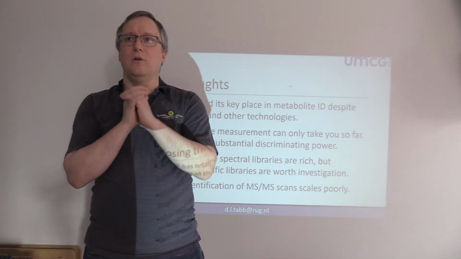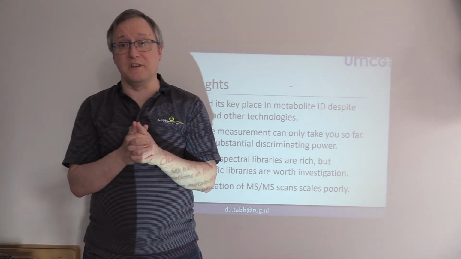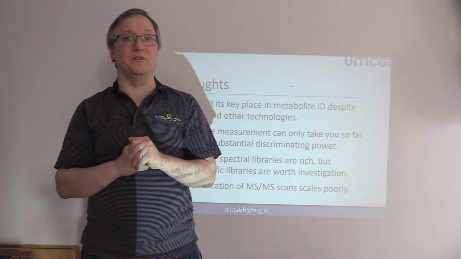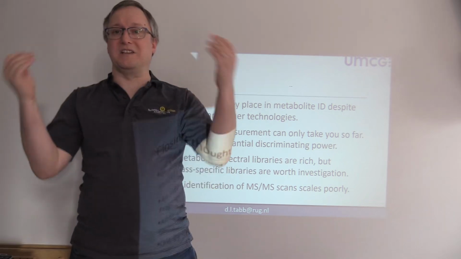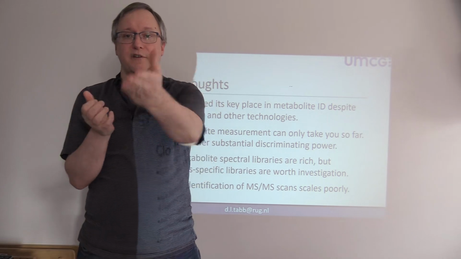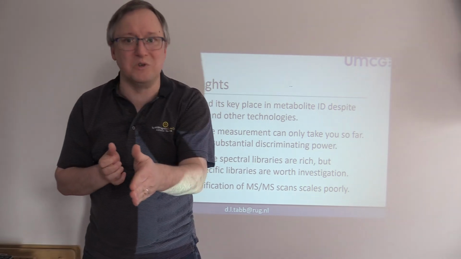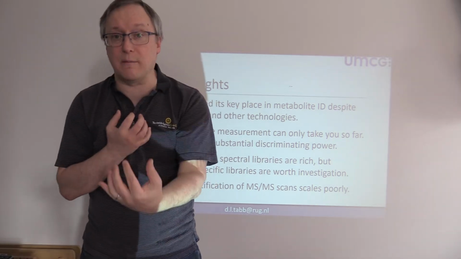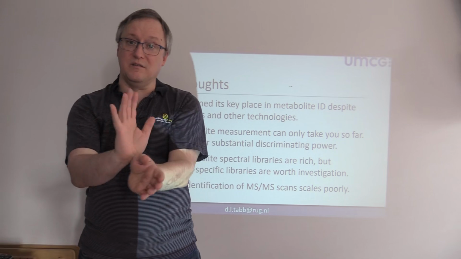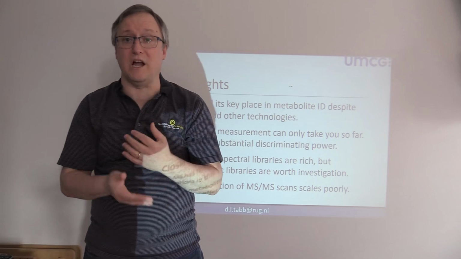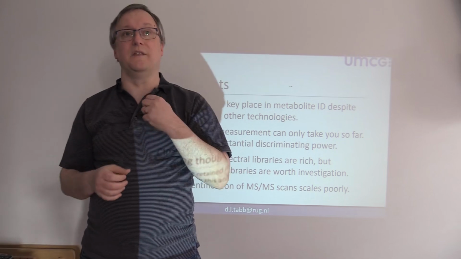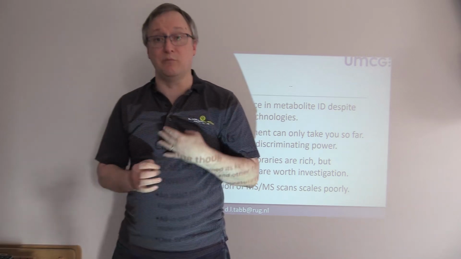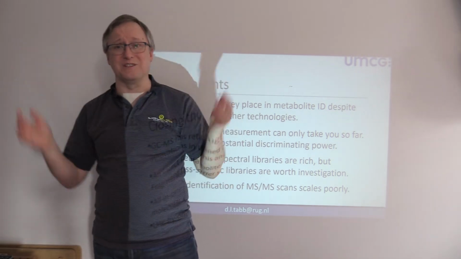But there are problems that come into play with this, such as controlling false discovery rate. You don't want to get into a situation where you simply say, this is the best match I've got for this spectrum, I better trust it. You shouldn't do that. You really need to have the evidence of the fragments, for example, and these visualizations like the mirror plots that help you to confirm that these fragments seem to be very specific to this and only this metabolite before you go on publishing in Nature or Science or whatever.